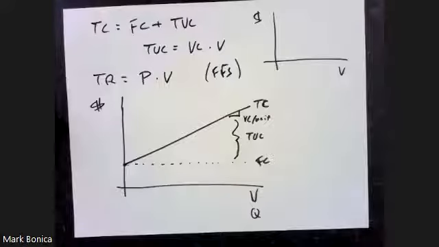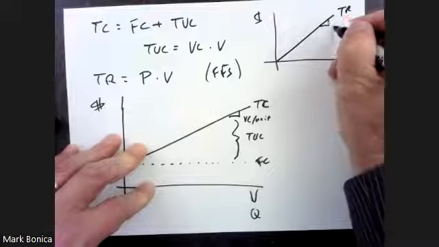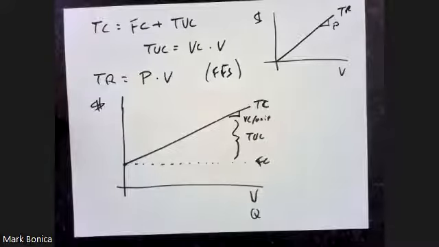If we're graphing price times volume, then total revenue increases constantly with a slope equal to P. So if the price is $100 per visit, then for one visit you get $100, 2 visits you get $200, 10 visits you get $1,000, and so on. It's always volume times the price, so that's going to give you a straight line going up.